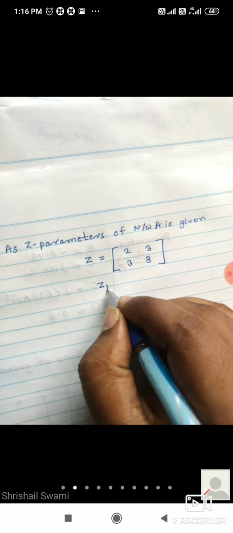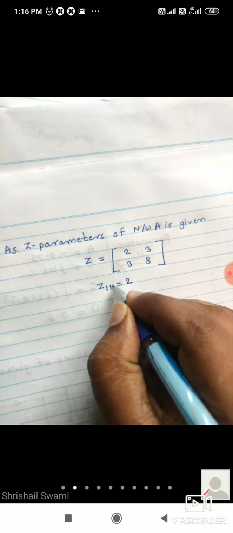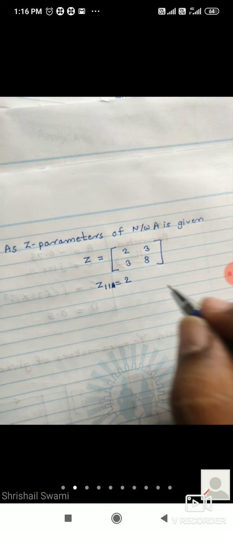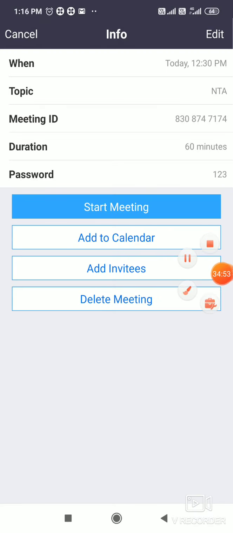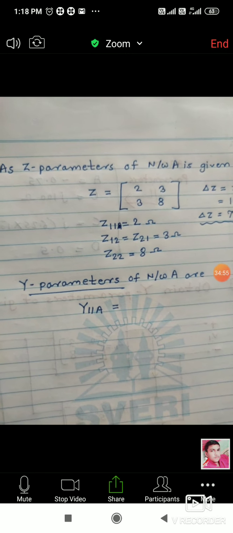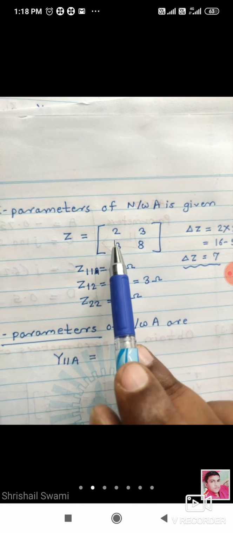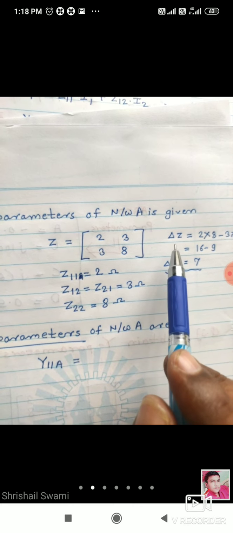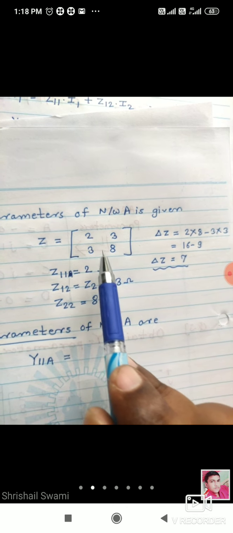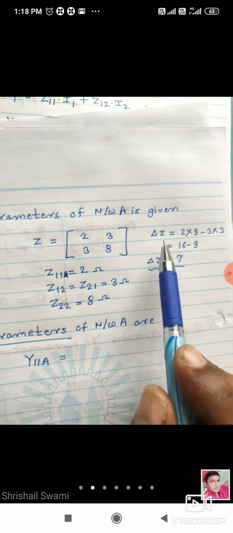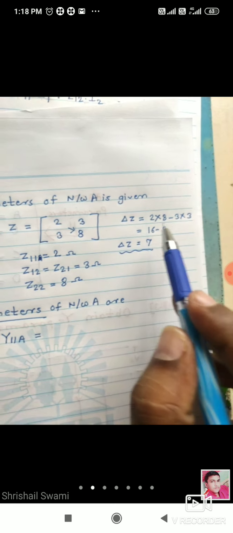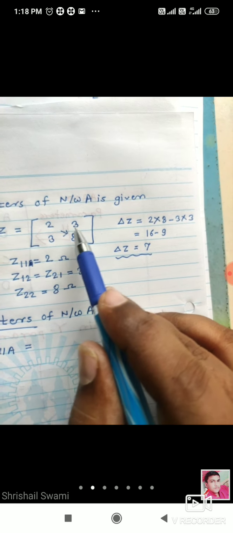Z is equal to, काय दिलेलं आहे बघा, 2 3 3 8. ओके, so that is nothing but Z11 is equal to 2, Z12 and so on. Here the Z matrix is given for network A, that is 2, 3, 3, 8. So find delta Z. So delta Z means what? Determinant of this matrix. So delta Z is nothing but take 2 into 8 minus 3 into 3.